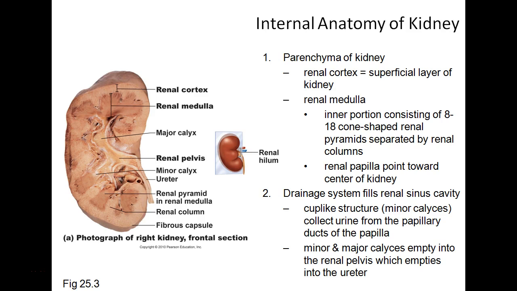Those renal papillae are going to be the medial tip of the renal pyramid. And then again, we see this drainage system that fills the renal sinus cavity. The minor and major calyces are going to empty into the renal pelvis, which then goes into the ureter.